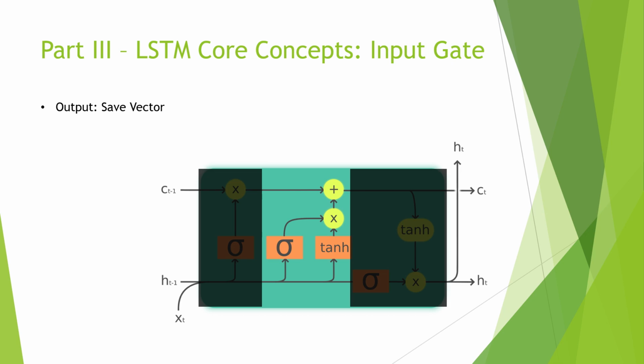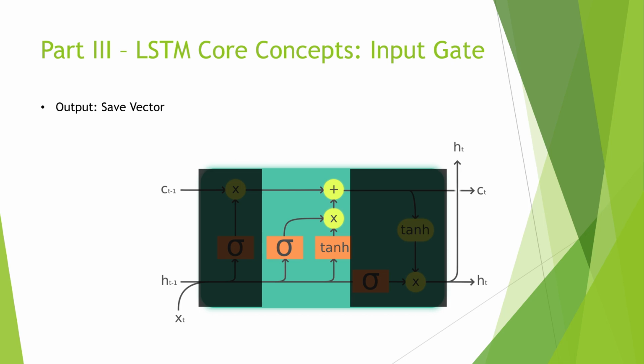This time, however, those inputs get processed by two separate activation functions. One is the sigmoid function, and the other is the hyperbolic tangent function. So these two activation functions produce two intermediate outputs.